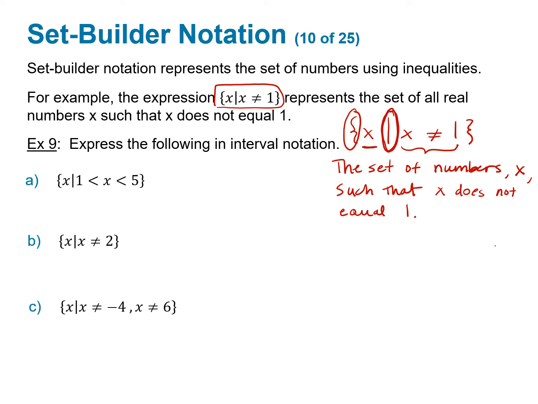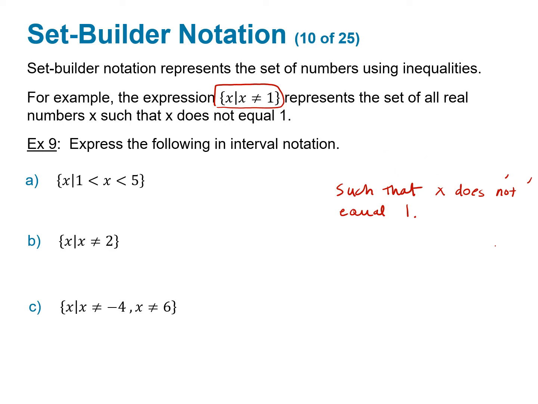Okay. So it says express the following in interval notation. They'll give it to us as set builder, and then we'll have to interpret what that means in terms of an interval. So this says the set of numbers X such that X is greater than 1 but less than 5.